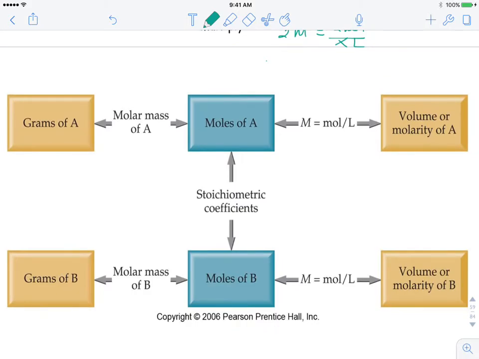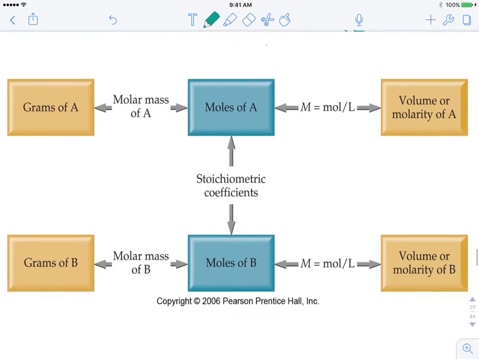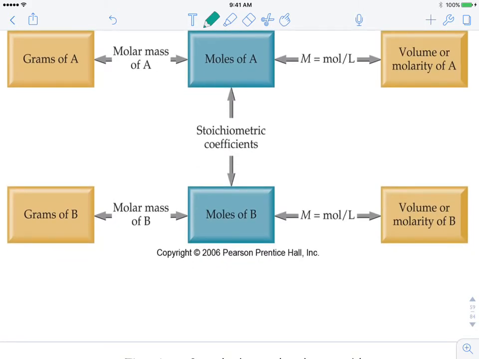But what if you have a stoichiometry problem? Let's see how you do with this. Let's say I give you the reaction of zinc and hydrochloric acid forming zinc chloride and hydrogen gas.